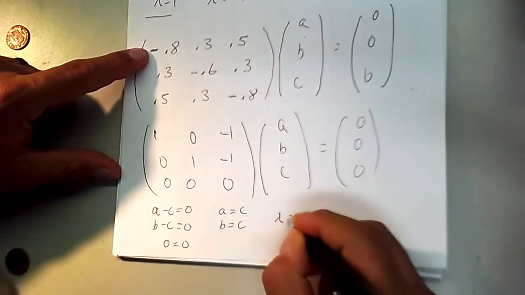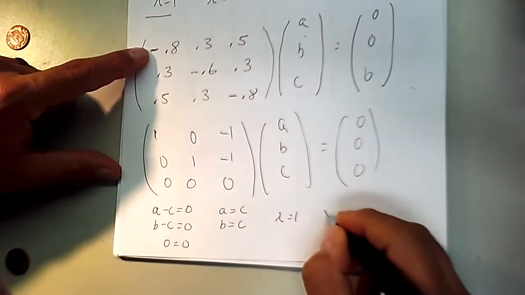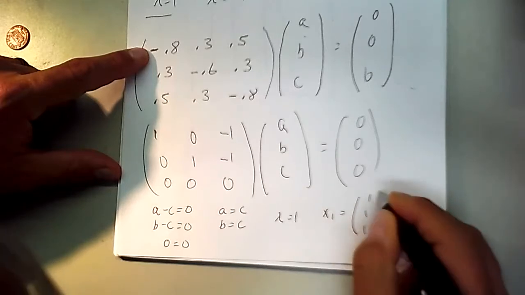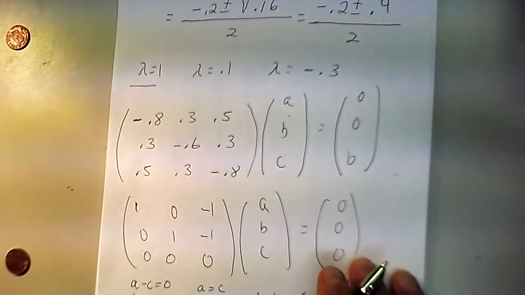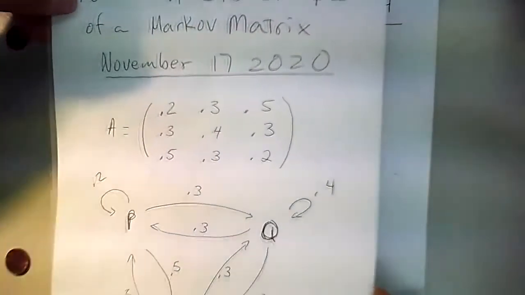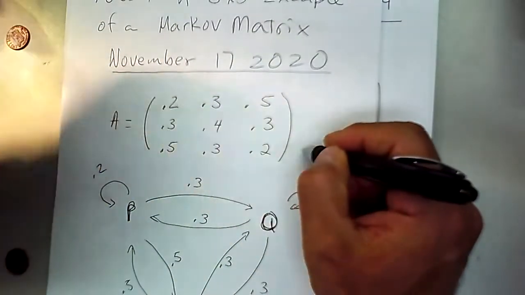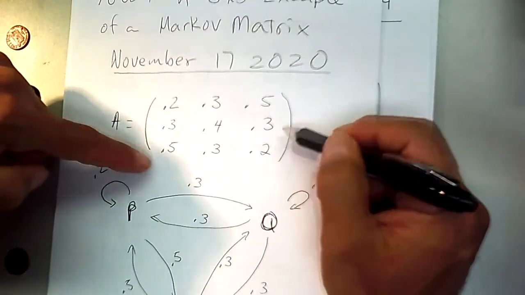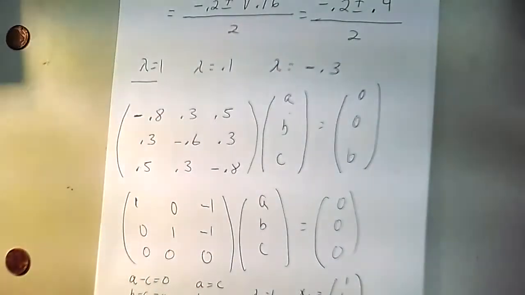So for lambda equals 1, we can label it as x1 is 1, 1, 1. It is not a bad idea to double check that actually that works. If we multiply with 1, 1, 1, oh yeah, they add up to 1 nicely. So that works. Okay.